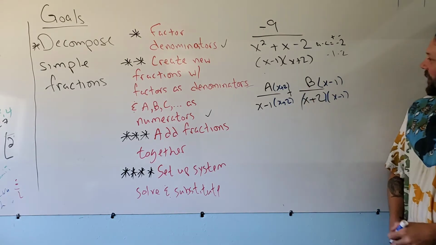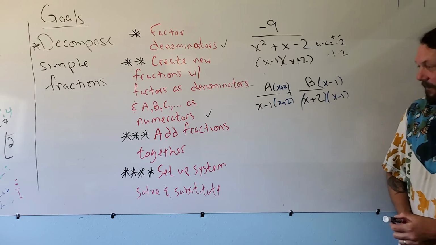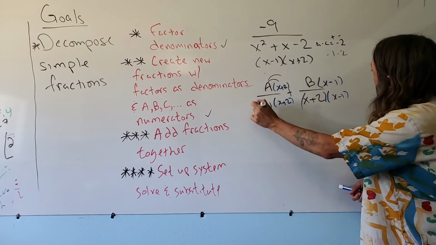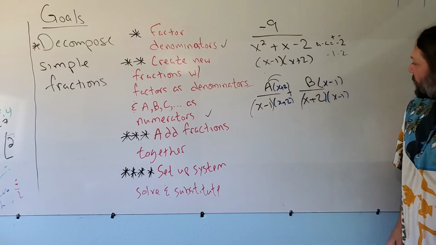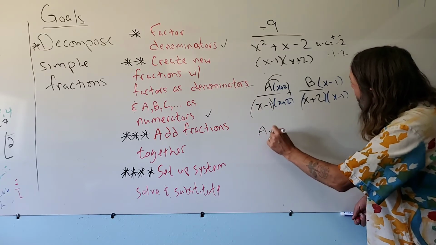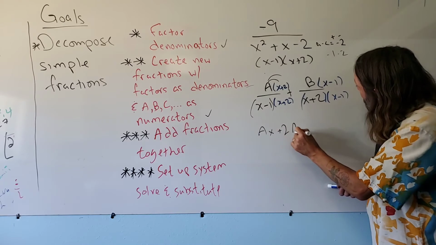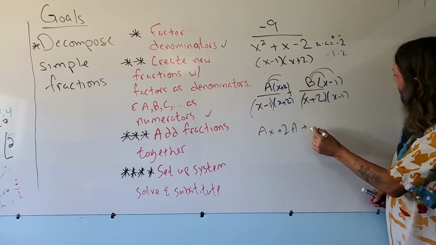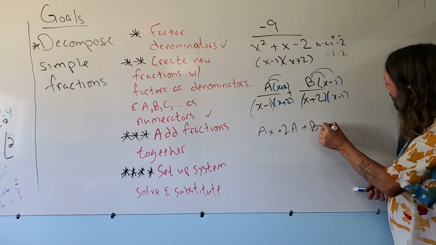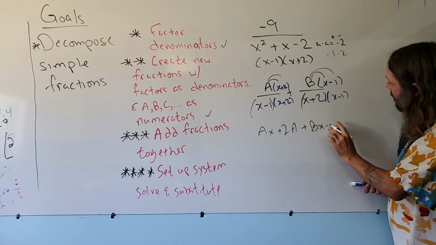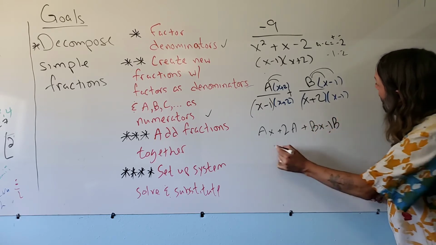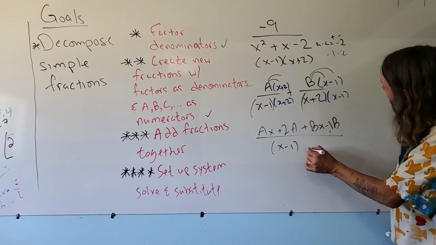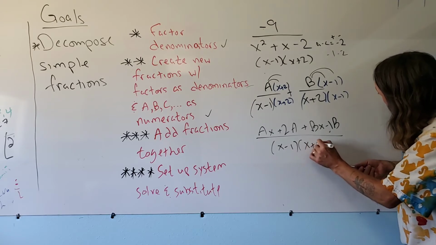All right, so let's see here. Let's finish adding the fractions together because now they have the same denominators, right? So this becomes ax plus 2a plus bx minus 1b, and this is all over x minus 1 and then x plus 2.